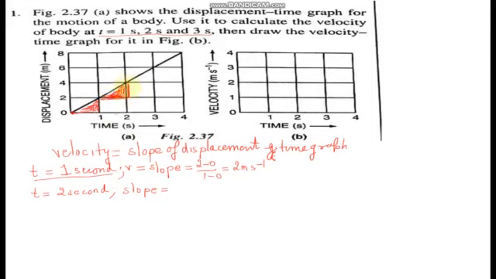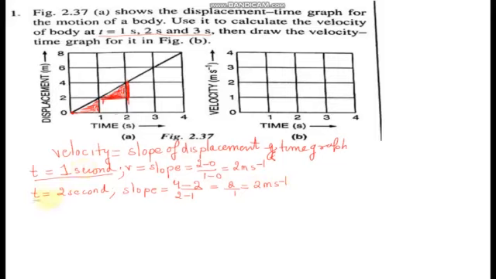Perpendicular height is 4 minus 2, and the horizontal is 2 minus 1, which is 2 over 1, that is 2 meter per second.